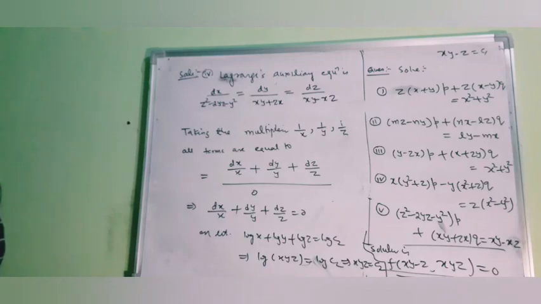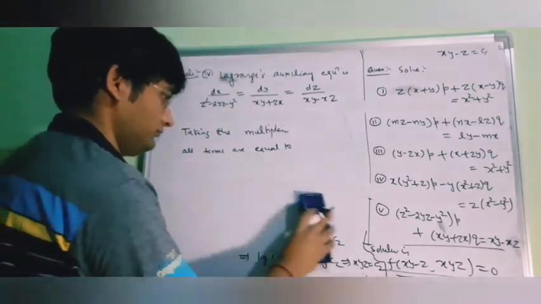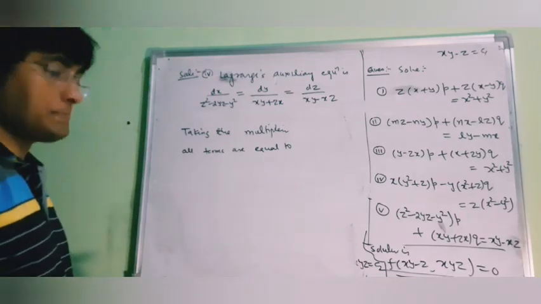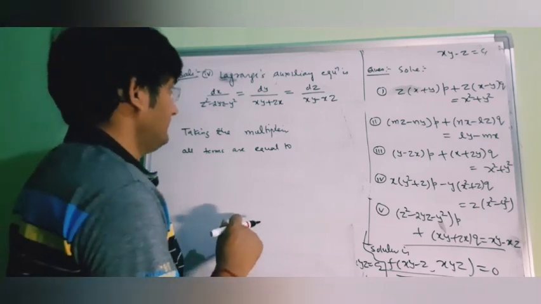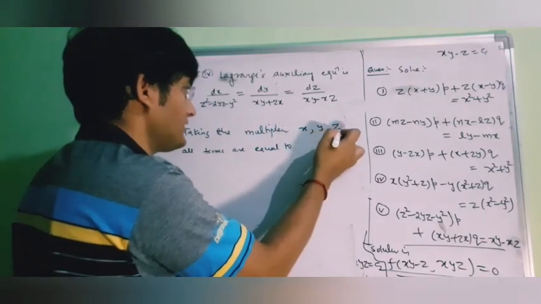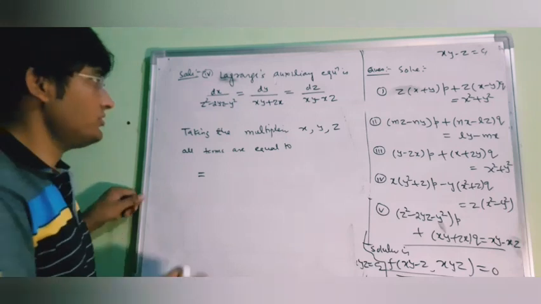Now let us choose the multiplier. First let us guess the multiplier as xyz, and let us see whether this multiplier works or not.